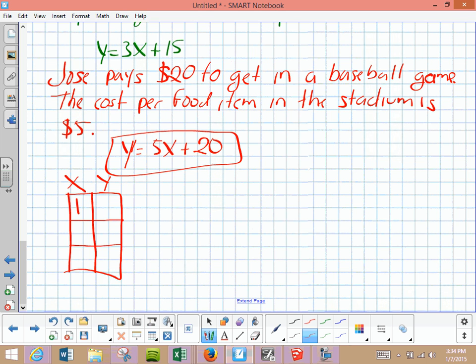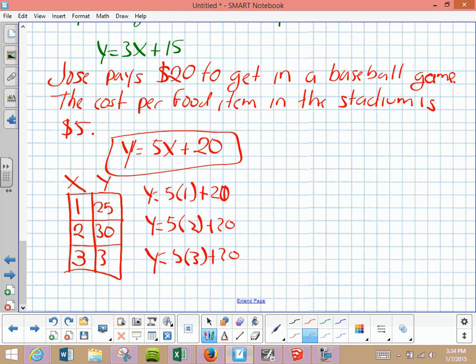Then you would put Y equals 5 times 1 plus 20. What would it be? 25, right? You put it on the Y. And then for 2 items, and then for 3 items. So Y equals 5 times 2 plus 20, that'll be 30, right? And this will be Y equals 5 times 3 plus 20, which would be 35.